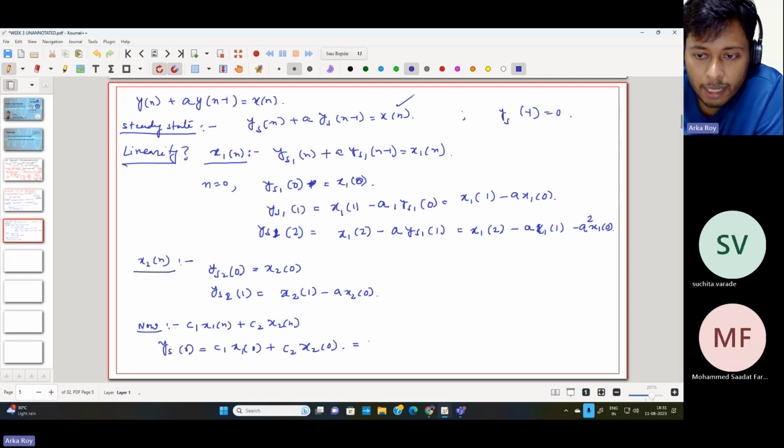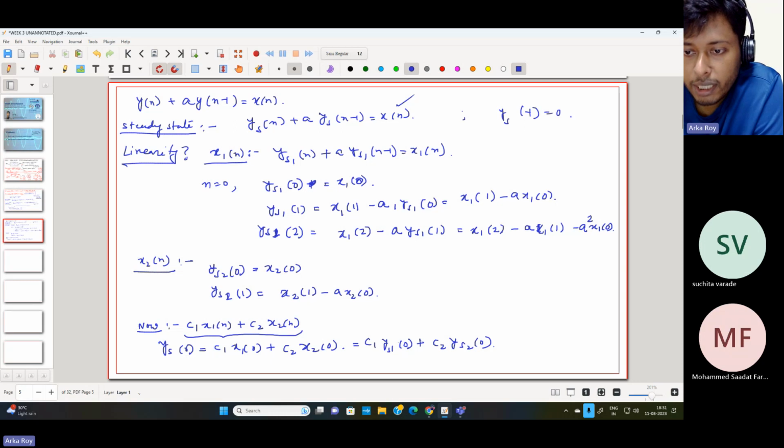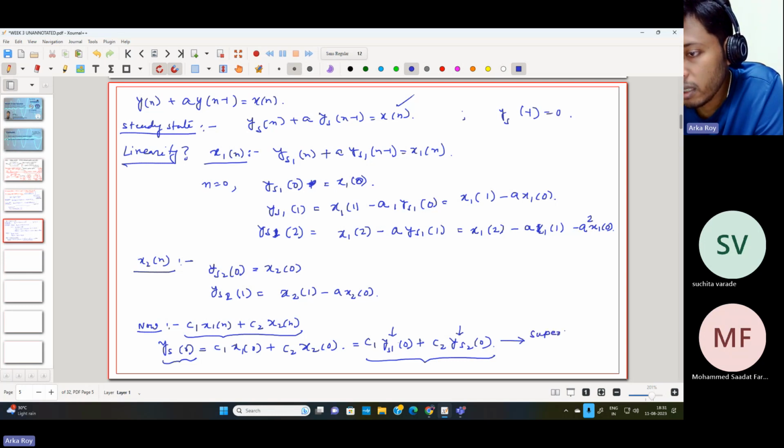With this, I can see that this is C1 ys1[0] plus C2 ys2[0]. That means that when we apply the signal with a linear combination, the output is related to the combination of the previous outputs when the inputs were applied separately. That means this obeys the superposition principle.